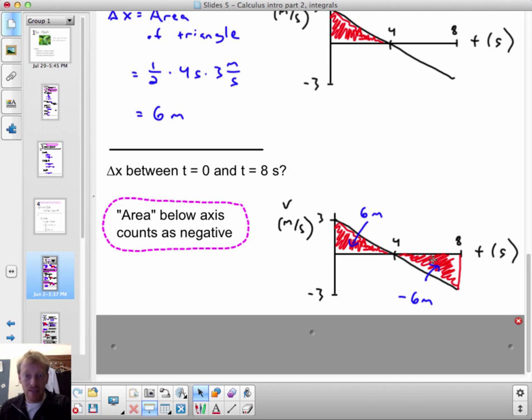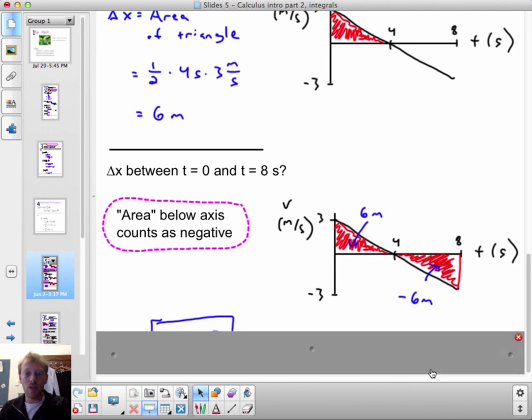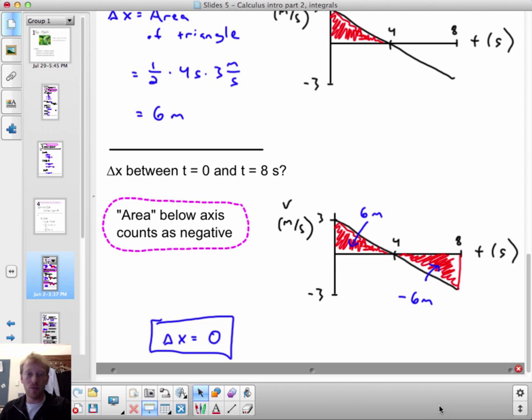This area down here counts as negative. If you like, the height of this triangle is negative 3 meters per second. So this red area represents a displacement of 6 meters. This red area represents a displacement of minus 6 meters, for a net displacement of 0.